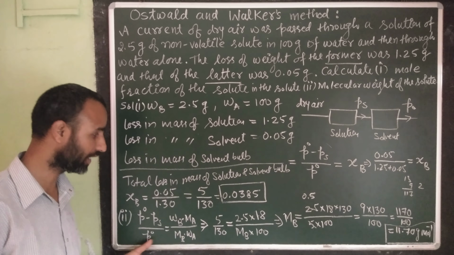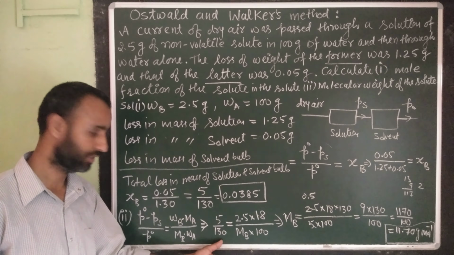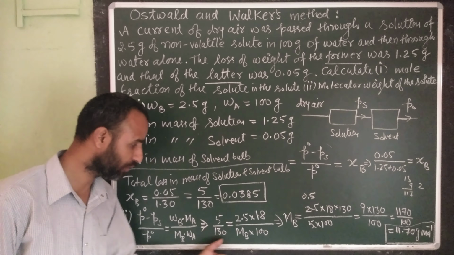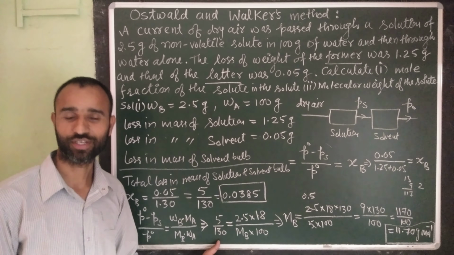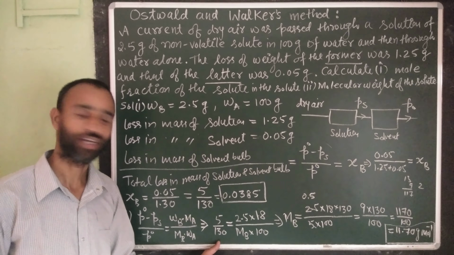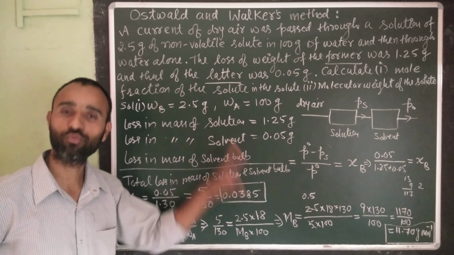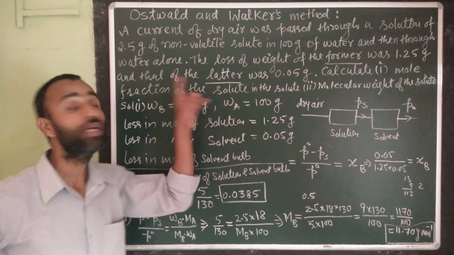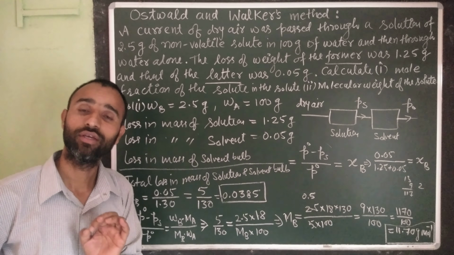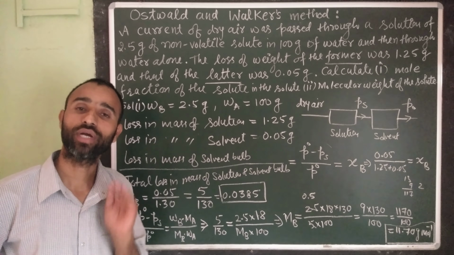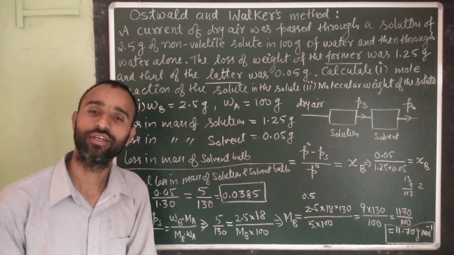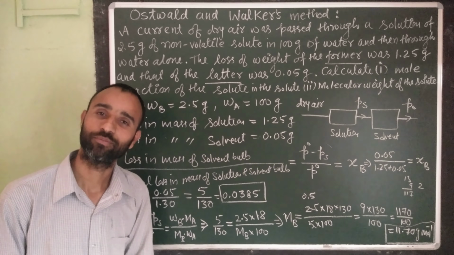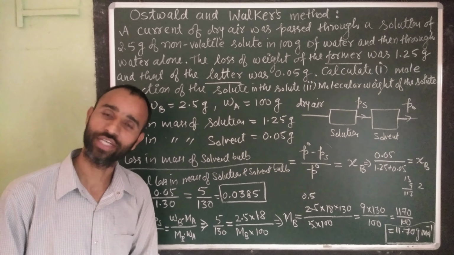Same, this is 5 over 130. I write it 5 over 130 instead of this to make the calculation simpler. Okay, I think you got it. You got the point. So note down, this question is basically very important as far as your competition exam is concerned: NEET, JEE, IIT JAM, NET, GATE.